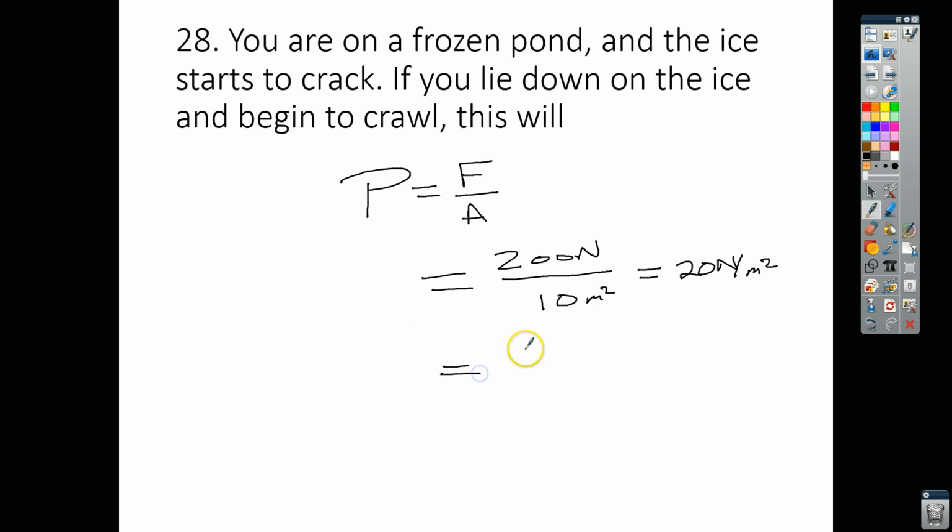If I lay down, let's say that I go from 10 to 20 square meters, now my pressure is reduced down to 10 newtons per square meter. So here, this will decrease pressure.